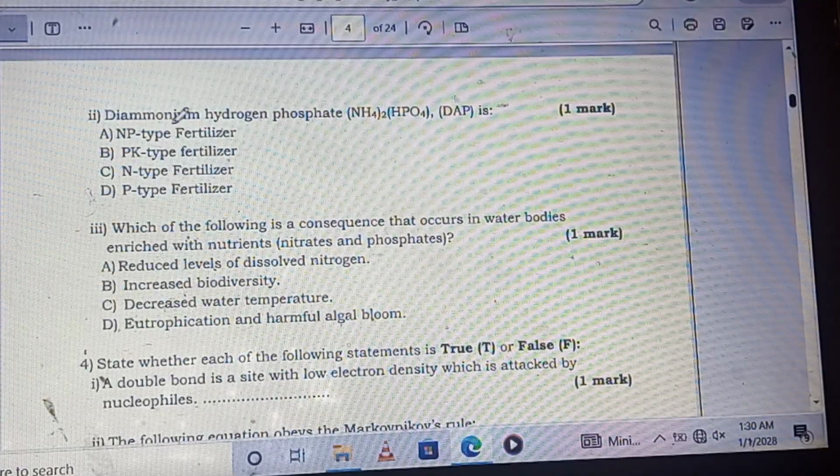II. Ammonium hydrogen phosphate is... The correct answer is letter A, NP type fertilizer, because as you see, this fertilizer contains nitrogen and phosphorus.